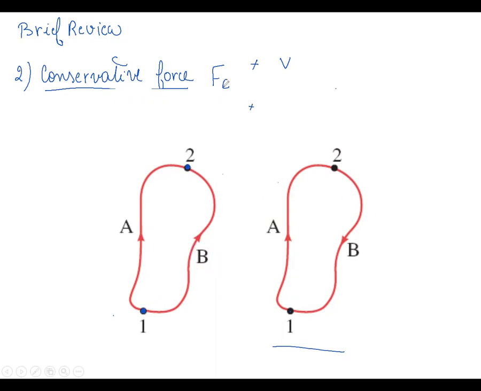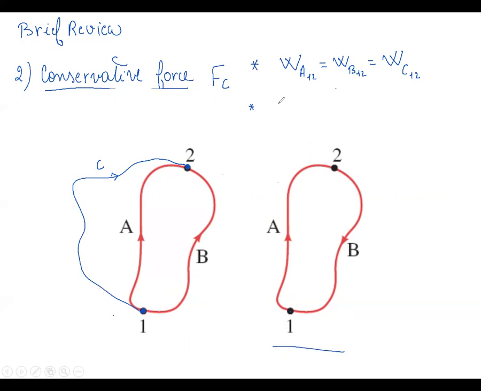As the work is independent of the path, the work done through path A from 1 to 2 equals the work done through path B from 1 to 2. If you have also a path C, omega through path C from 1 to 2 is also equal. This is the first point.